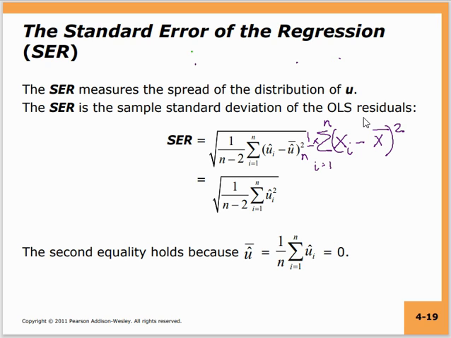When you work this out, it comes to the same as 1 by n minus 2 times the summation, i equals 1 to n, of ui hat whole square, because ui hat minus u bar, where u bar is the average error, is 0.